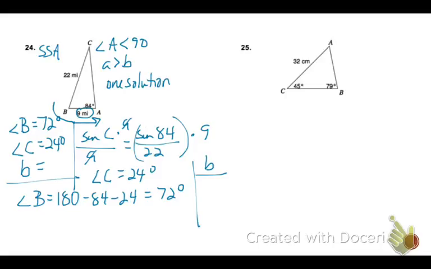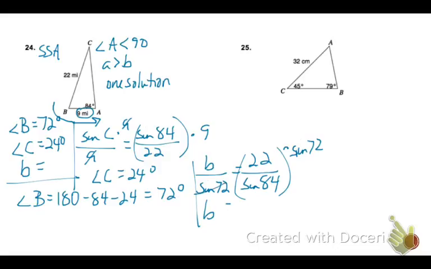So B over the sine of angle B, which is 72, equals, let's use side A, since we know it: 22 over the sine of 84. Then you'll divide that out, take it times the sine of 72. So side B is 21.